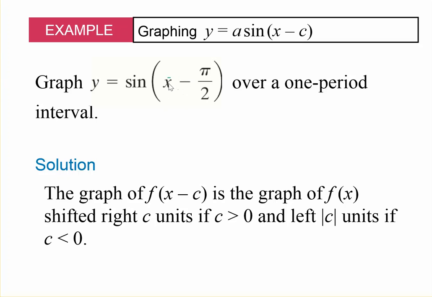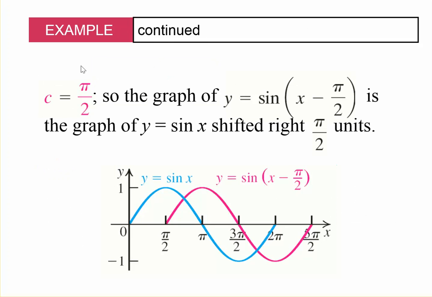What do you guys think that x minus pi over 2 is going to do? It's going to push it over to the right, pi over 2 units. We're good? And this is called a phase shift, shifting over to the right here.